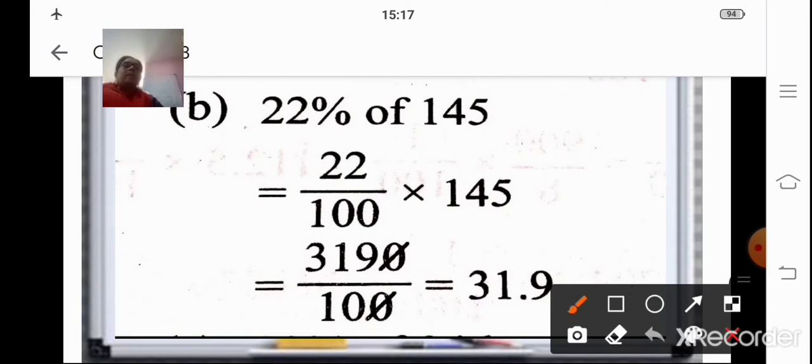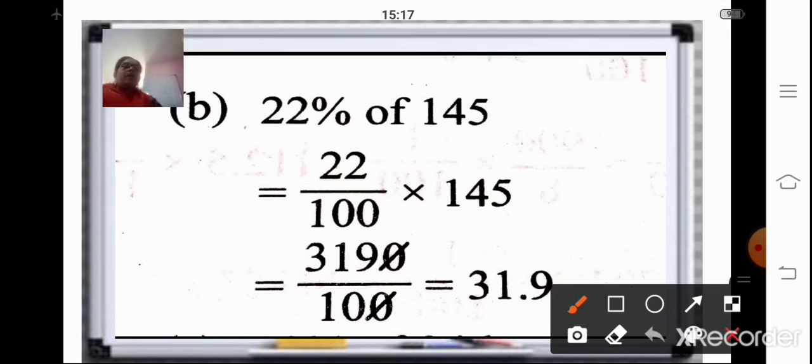Check your answer. 22 upon 100 multiplied by 145. 145 into 22 gives you 3190. Now divided by 100, cancel this 0. In the same way, 319 upon 10. So using a decimal point, your answer will be 31.9.